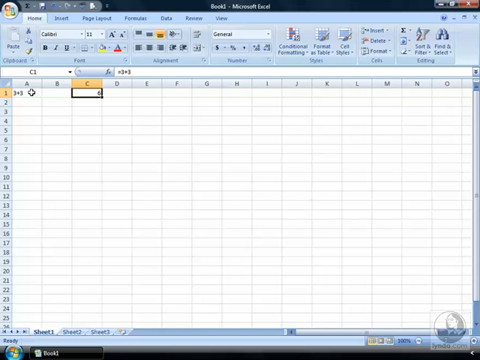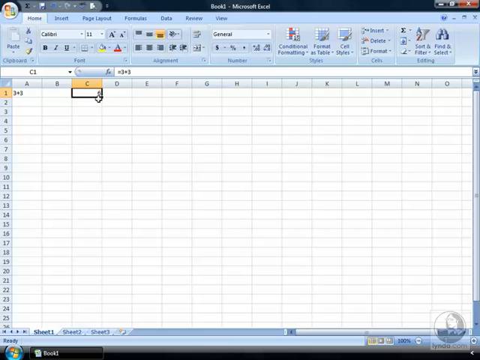Notice how that's different than when I typed in 3 plus 3 in cell A1 without the equal sign ahead of it. What's happening here? Well, in cell A1, the 3 plus 3 there is seen as just a general format, and Excel does not do anything with it because it did not see the equal sign ahead of it. But in cell C1, because there was an equal sign at the beginning of that string of numbers, it indicated to Excel that it had to perform a calculation, which it's done in C1.